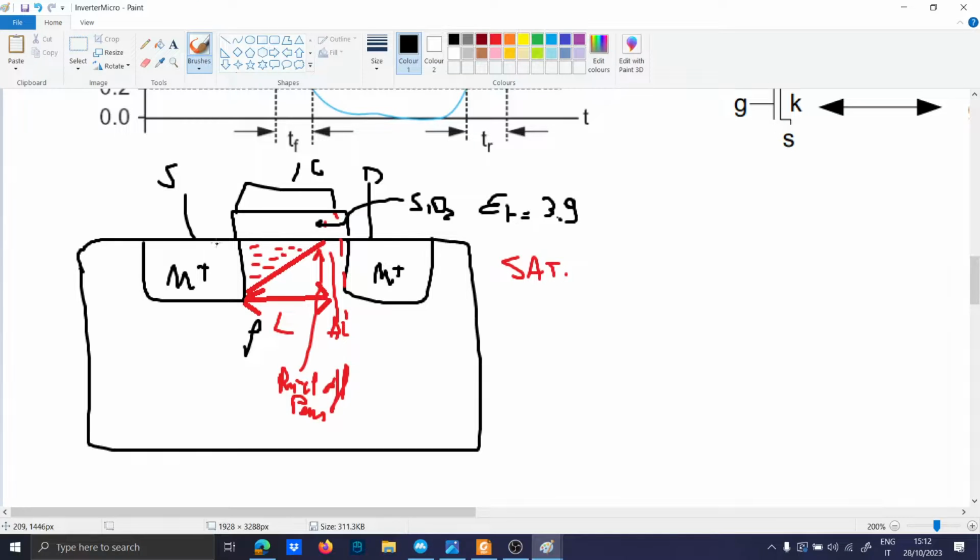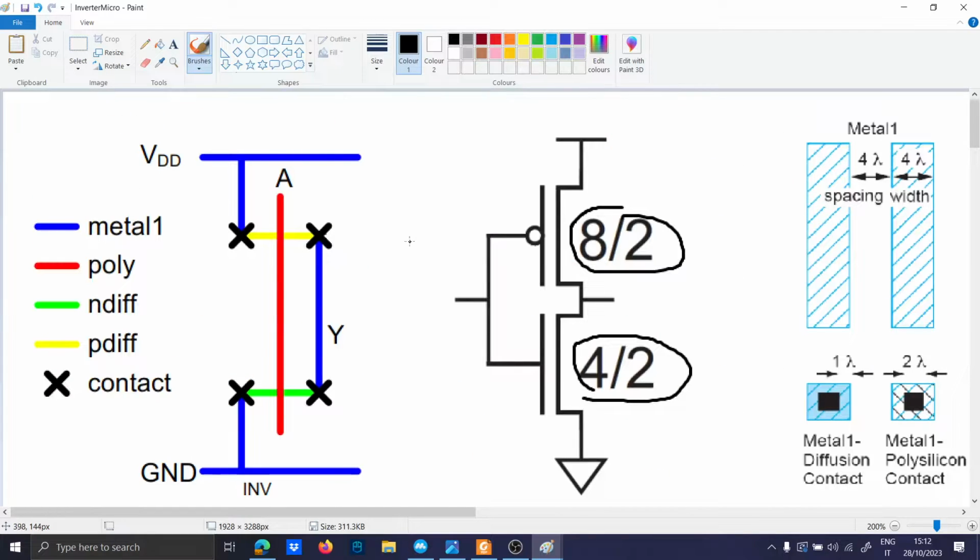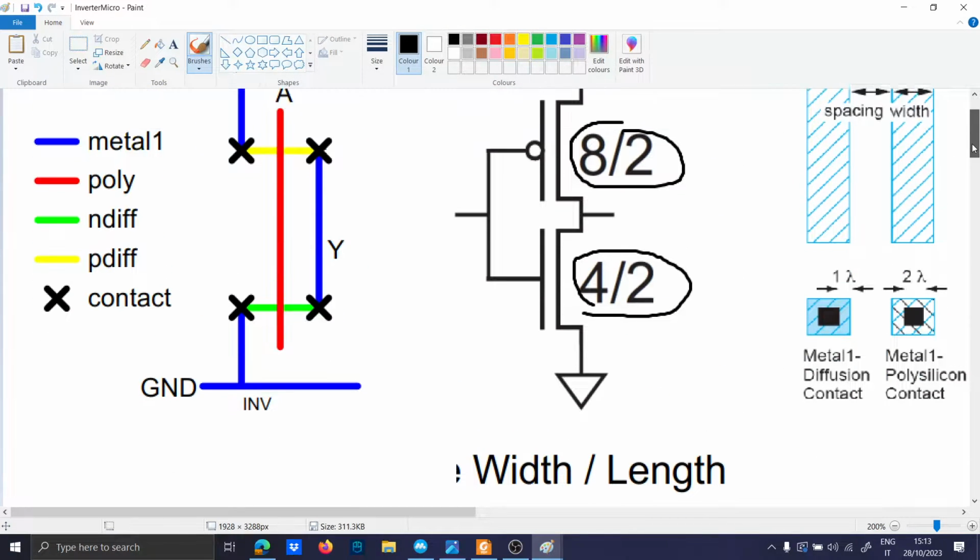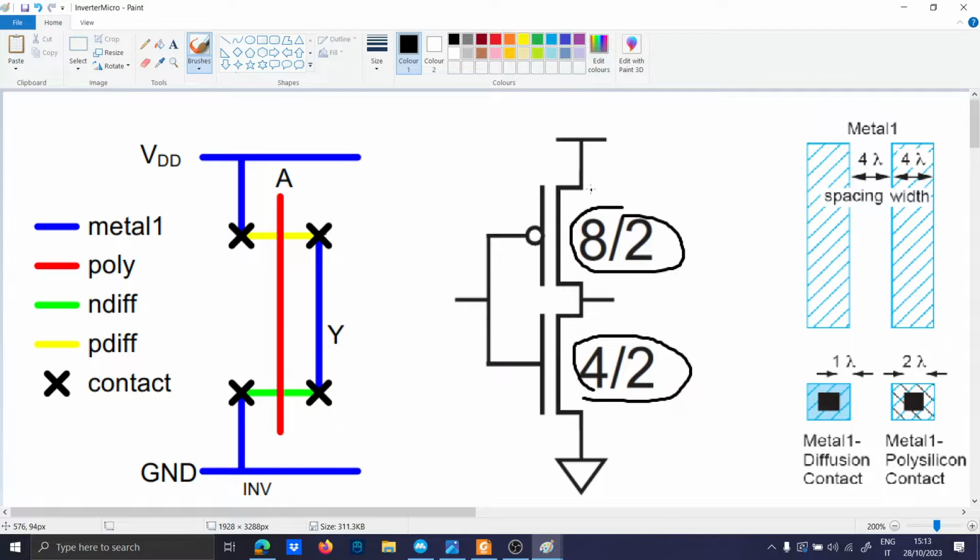Here we have also the body, and in power MOSFETs the body and source are short-circuited, but here you need the body as well. But anyway, these are indicated with a ratio between width over length. The PMOS is always bigger than the NMOS, basically because the mobility of the PMOS, the mobility mu p, influences the dimension of the PMOS itself.